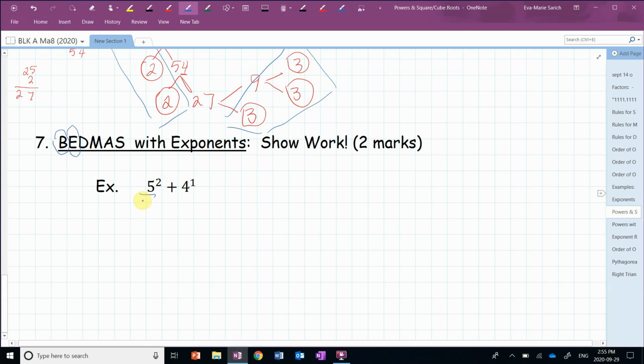So remembering that 5 squared means 5 times 5, which gives you 25. 4 to the 1 means just 4 repeating once, so that's going to be 4. Now do the last part here, which is adding and subtracting, and that's going to give you 29. Circle your answer. So 2 marks, you're going to get 1 for being able to work out the exponents and 1 for the final answer.